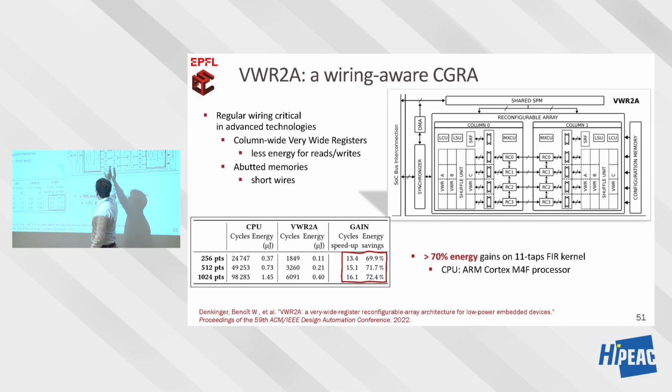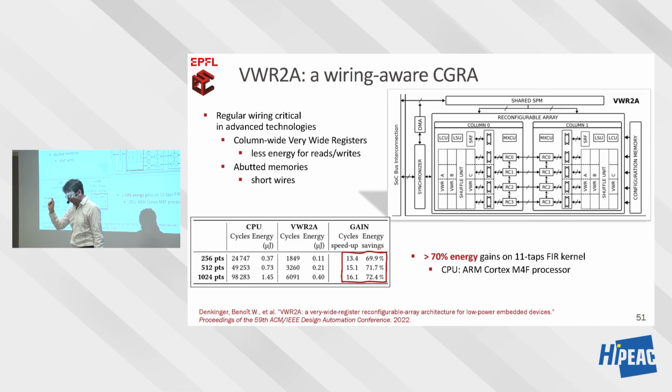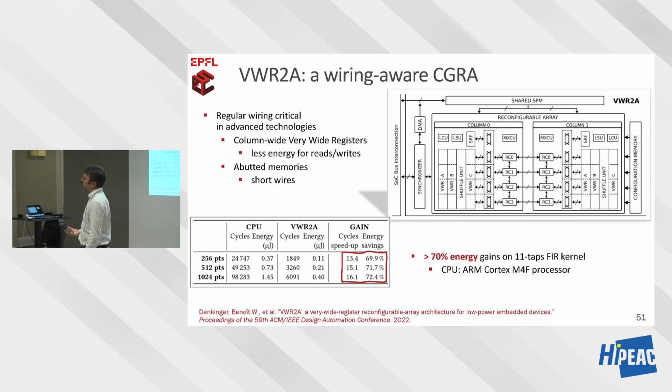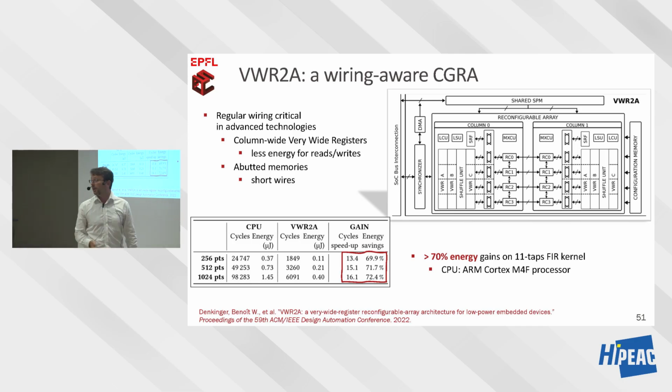But we try to interface them towards memory while minimizing wire lengths. Why is this the case? Because we're looking at advanced technologies, and for advanced technologies, wiring is a big problem. So we would like to have regular architectures in which the length of interconnects is minimized, and these are very regular.